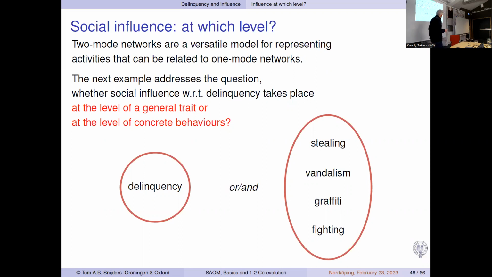And the behaviors in this data set, it's the data of Andrea Knecht, are stealing, vandalism, graffiti, and fighting, at least once in some time period, with 2 months between observations. Fighting is rather common, so for fighting the threshold was lower.